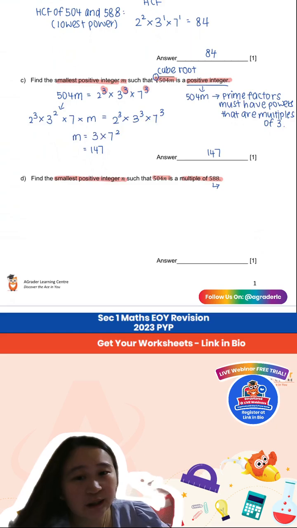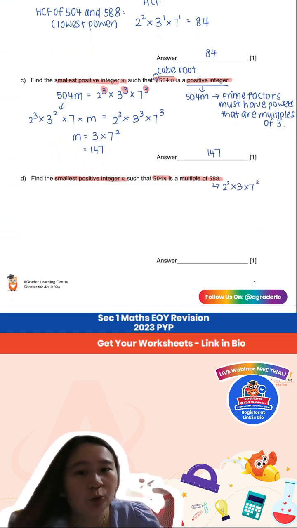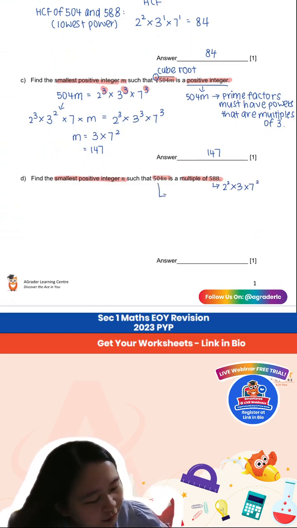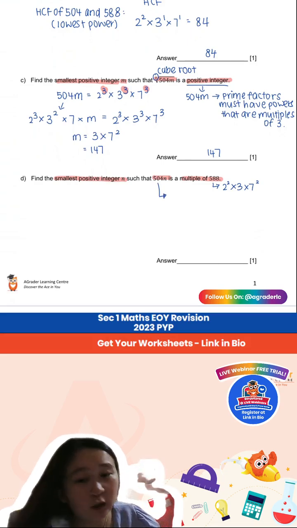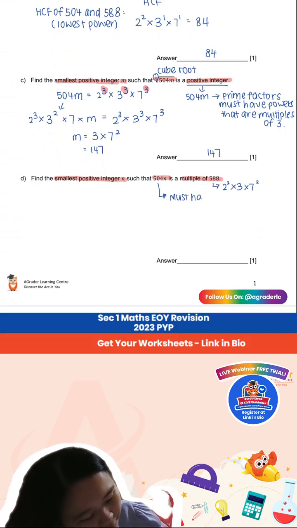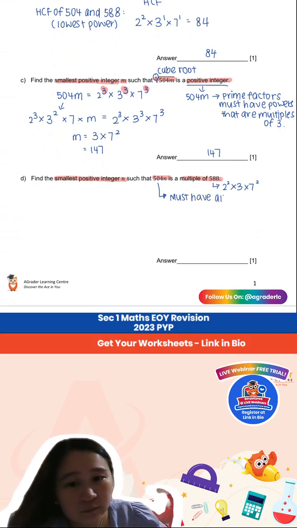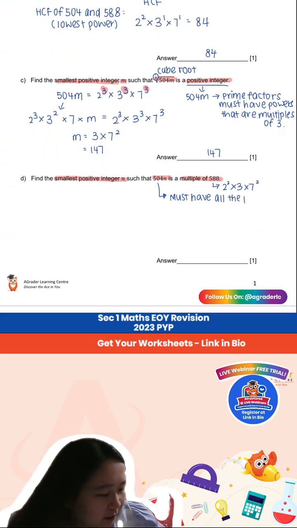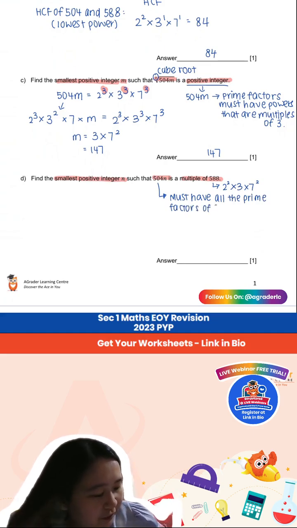So 588 is 2 to the power of 2 times 3 times 7 to the power of 2. Meaning your 504n, since it has to be a multiple of 588, means it must have all the prime factors of 588.